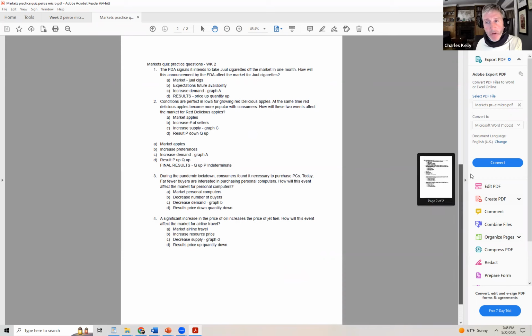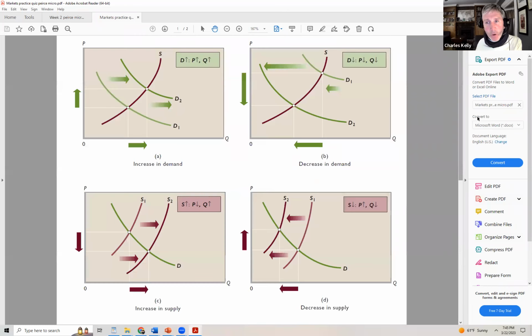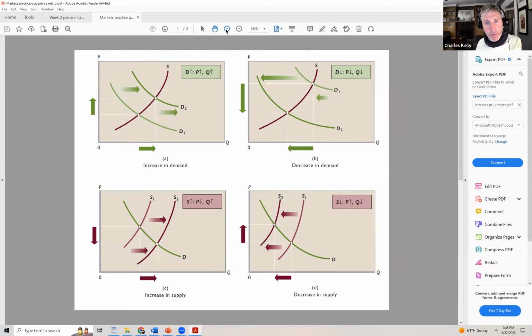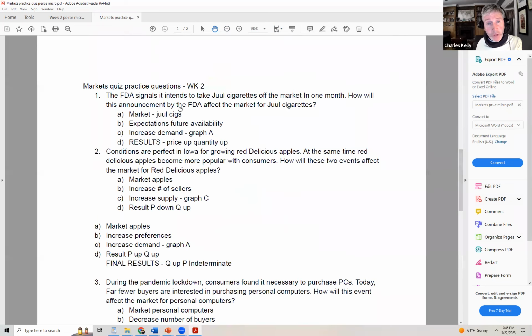And this same little drawing is available on the quiz. You don't have to draw the graph to say there's an increase in demand. So just like graph A shows an increase in demand. What does that do to price and quantity? Price up, quantity up. So our four steps, last one, the result, price up, quantity up.